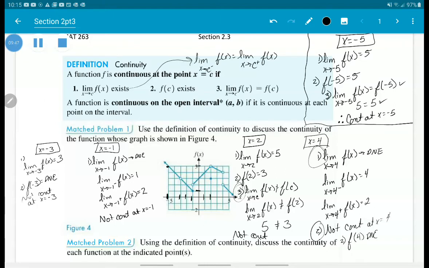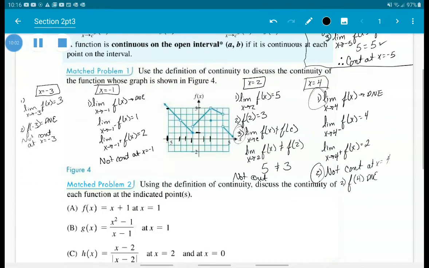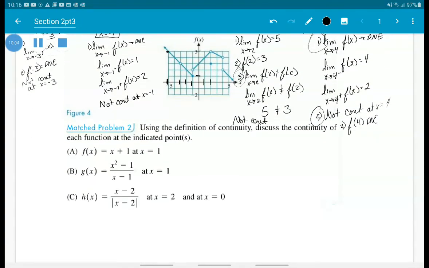So we've got 4 places where we have discontinuities, and now we can see why exactly it's discontinuous based on that definition of continuity. And we can also show that something's continuous on a function everywhere.